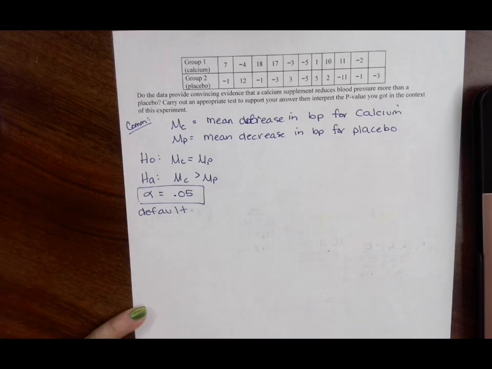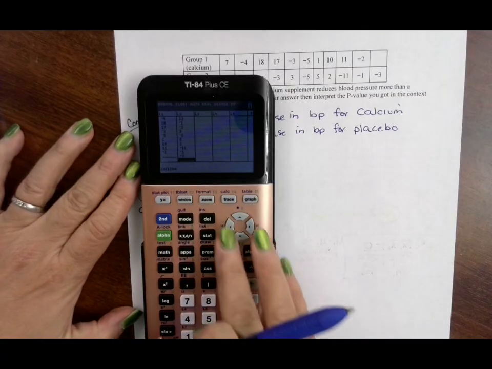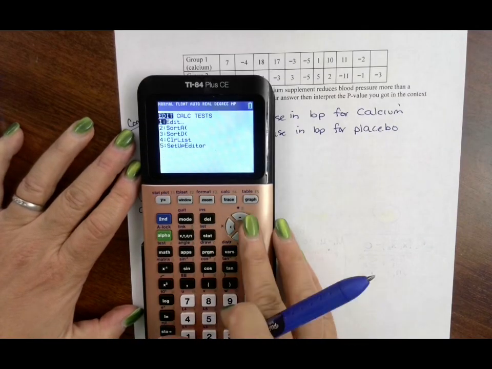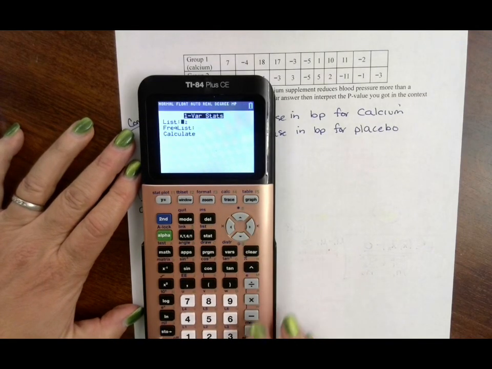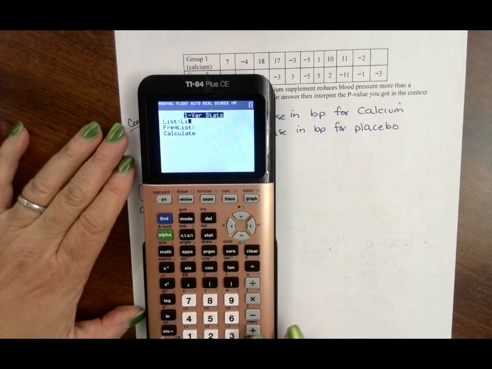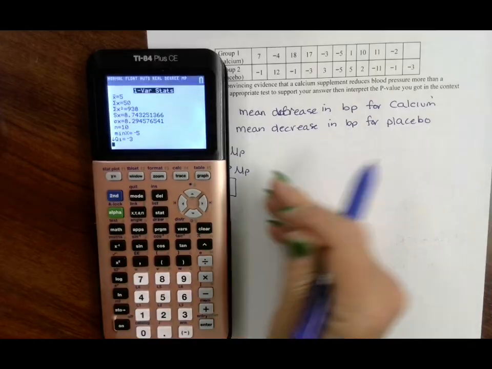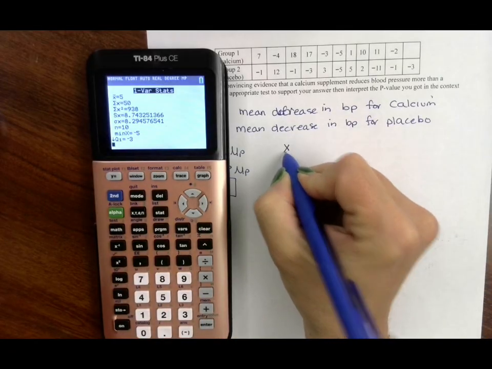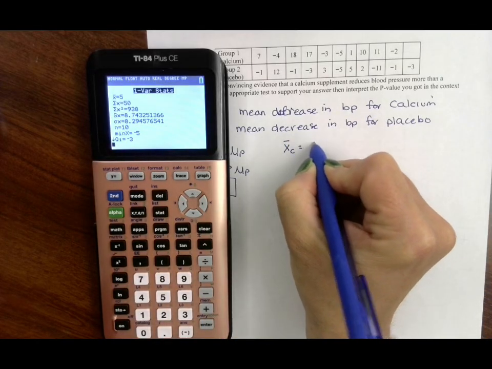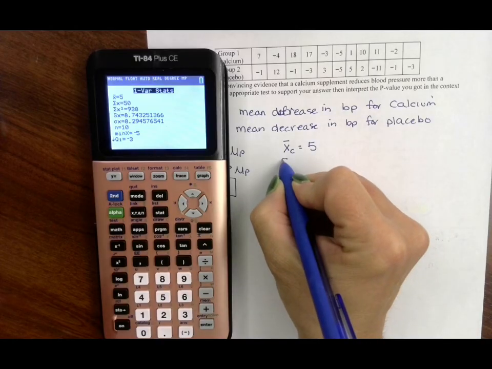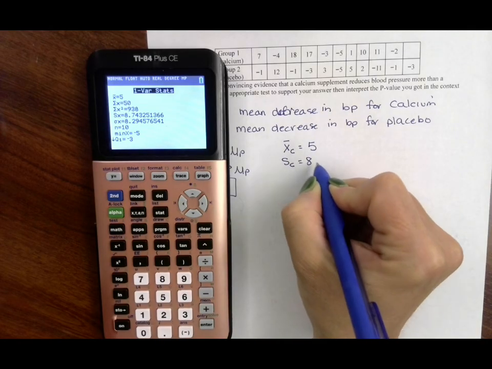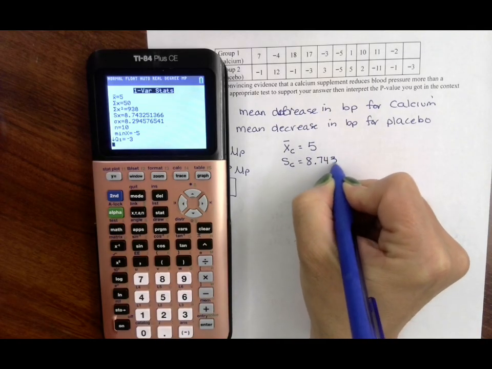Okay, so I guess I can go in here and run this data right now. So if I go into stat, 1-Var Stats, let me do my list 1 first. All right, so here's what I know. I know that my x-bar of my calcium group is going to be 5, and my standard deviation of this group is going to be 8.743.